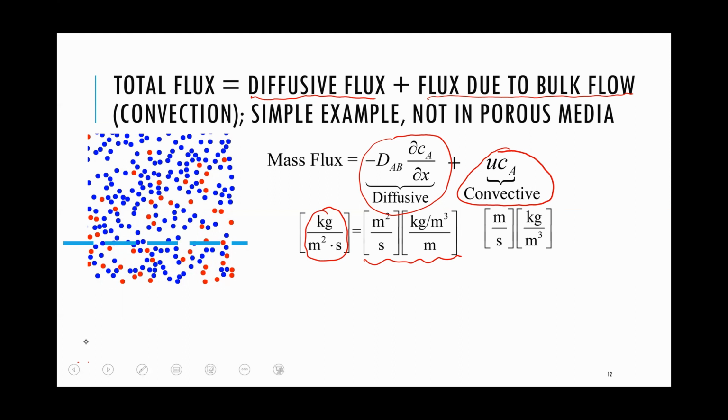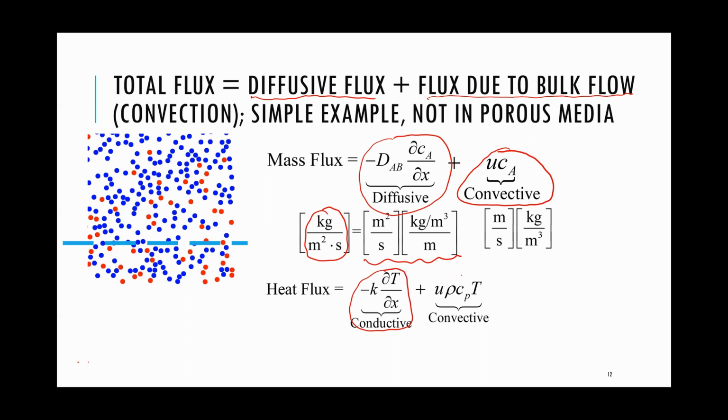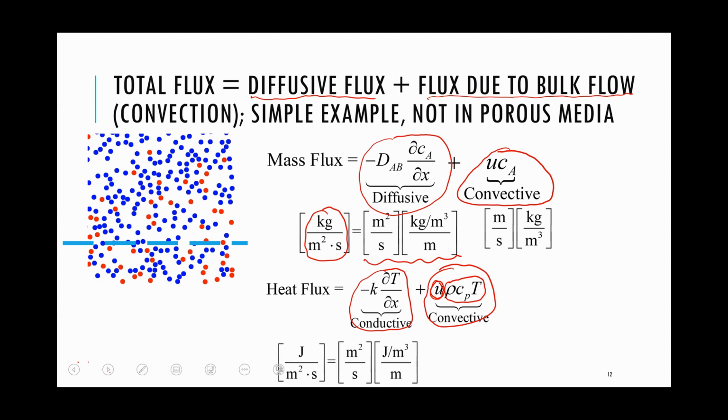And now if we extend this to heat in a very analogous way, we have conductive flux, and then the convective flux that is due to the flow with the velocity u and the energy content being rho cp T. Again, if we look at the units, they will work out because u is meter per second and rho cp T is joules per meter cube.